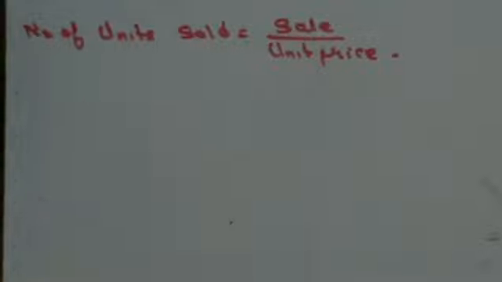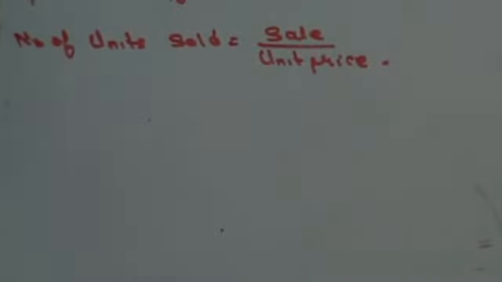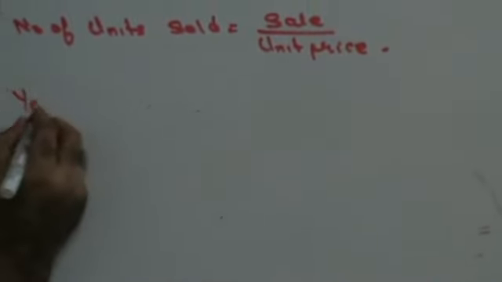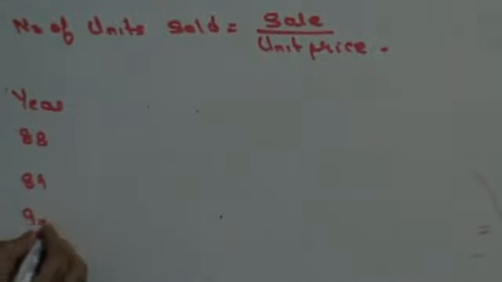So let's make a table showing the number of units sold, for years 88 to 94, for A, B and C.